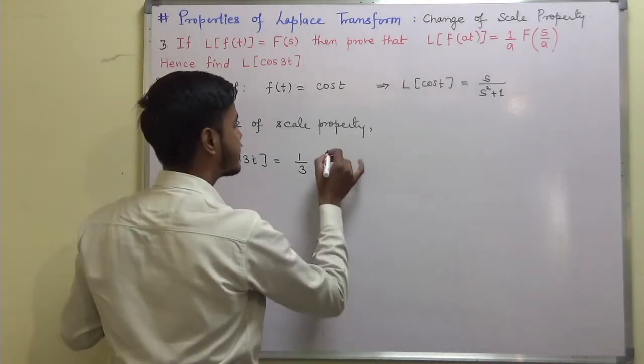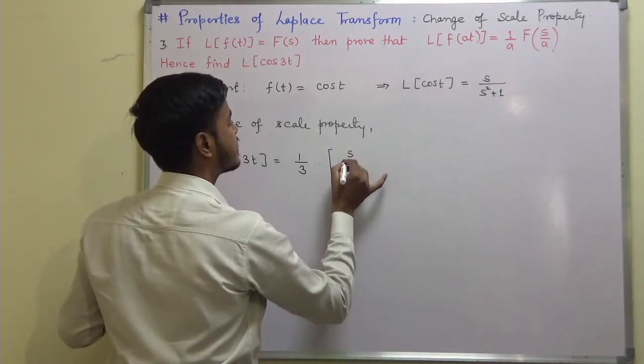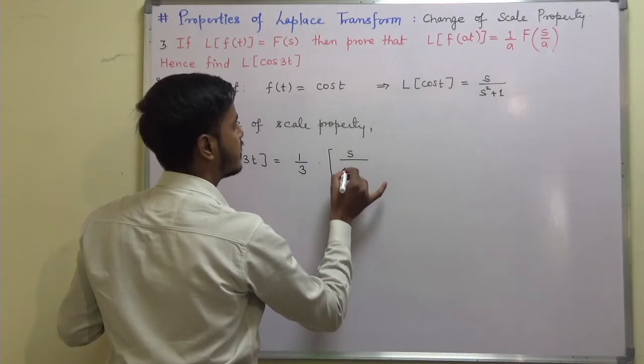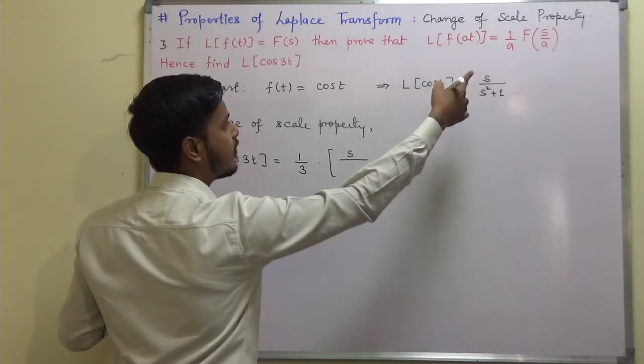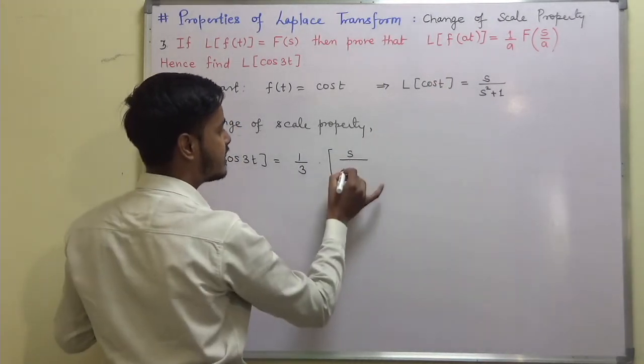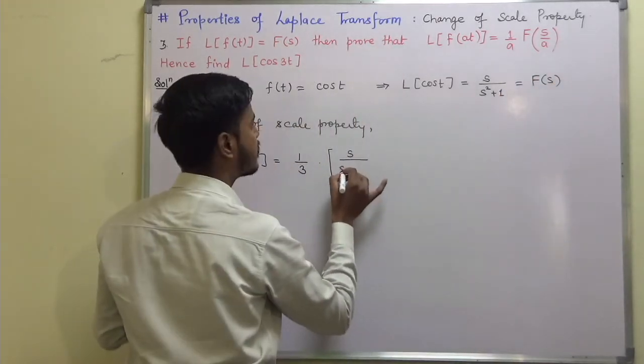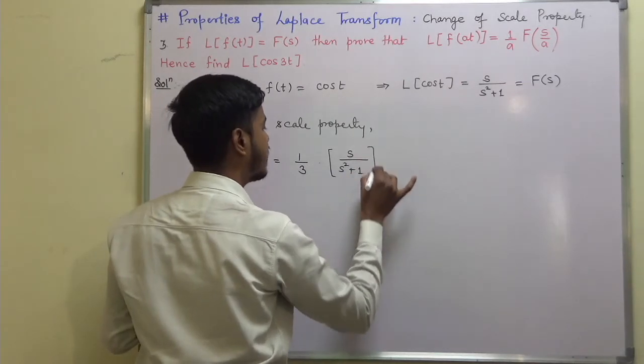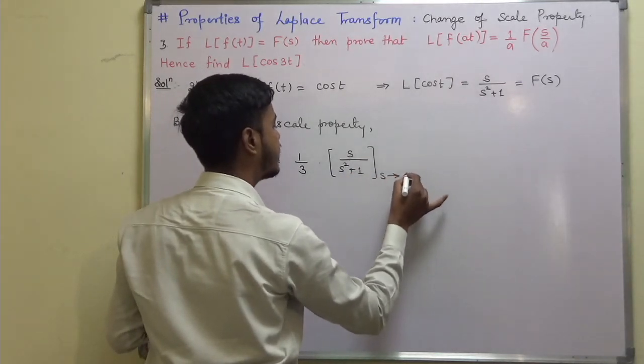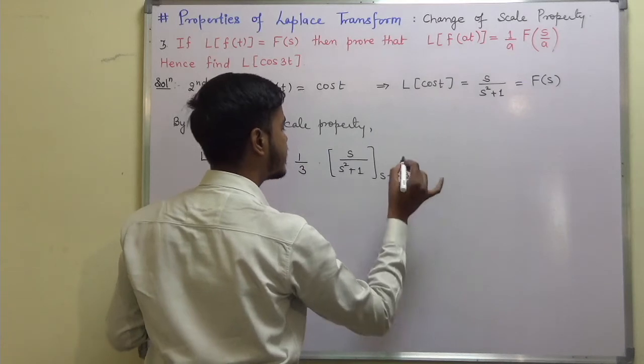So I am writing this: f of s by a. We have f of s, this is my f of s. So you can write s upon s square plus 1 and replace s by a. A is 3.